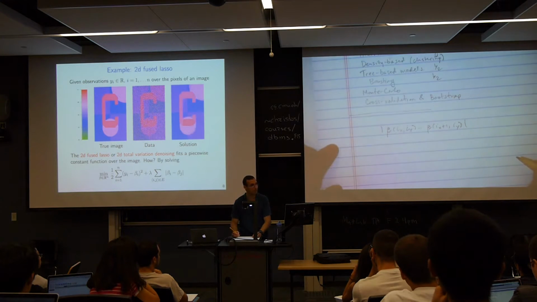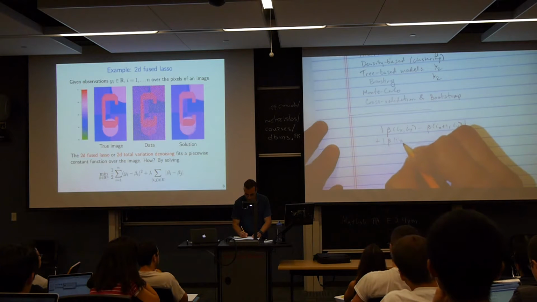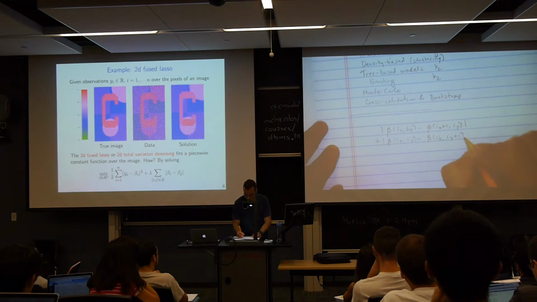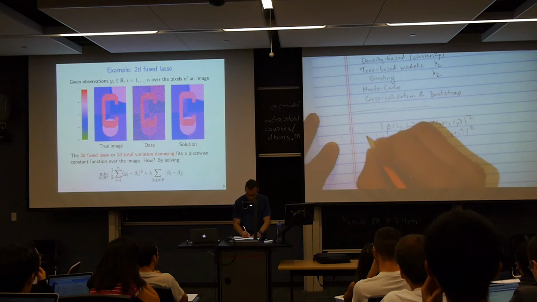That might be a penalty term, and we're going to see another penalty term for this one as well. That's the anisotropic version. The isotropic version would actually take this as the penalty.